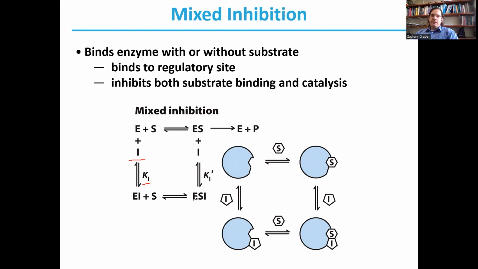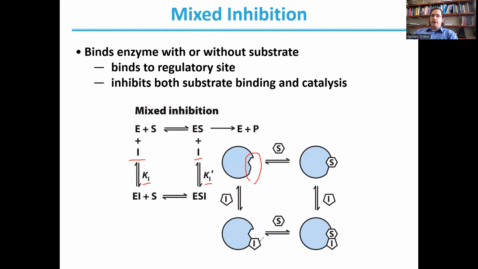But our substrate can still bind here as well, and we can get an enzyme substrate complex where our inhibitor can also bind with a separate binding constant. So now we have even more equilibriums to deal with, it binding either without our substrate or with our substrate in two different processes. So here, this is represented by two binding sites that are very close to each other.